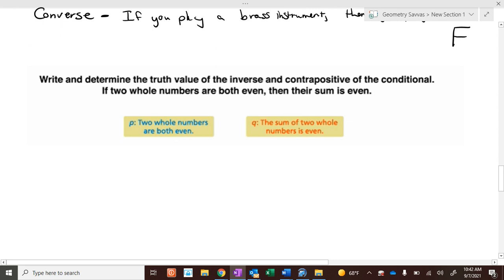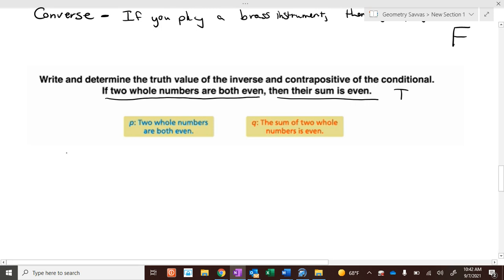Okay? All right. Let's look at the inverse and contrapositive of this statement. If two whole numbers are both even, then their sum is even. Okay? Which is a true statement. The converse of that would be: if the sum of two whole numbers is even, then the whole numbers are even, and that would be a false statement.